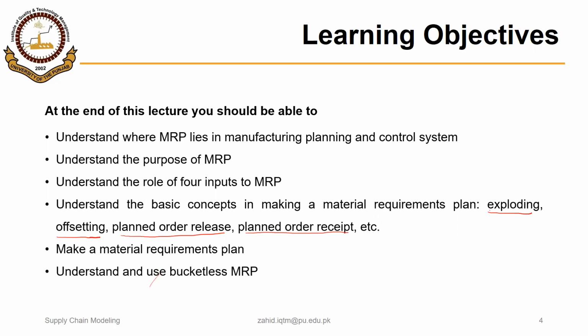And finally, we will discuss a very important variant of the standard MRP that is generally mentioned in textbooks, bucketless MRP. So that is something that is actually used more practically. So we will see what is bucketless MRP and how it is used.